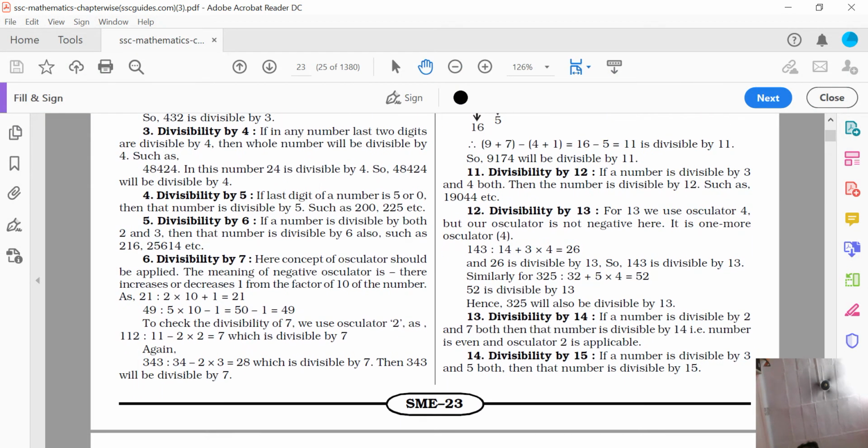So how is it divisible by 7? What is the divisibility of 7? The concept of osculator should be applied. The negative osculator increases or decreases 1 from the factor of 10 of the number.